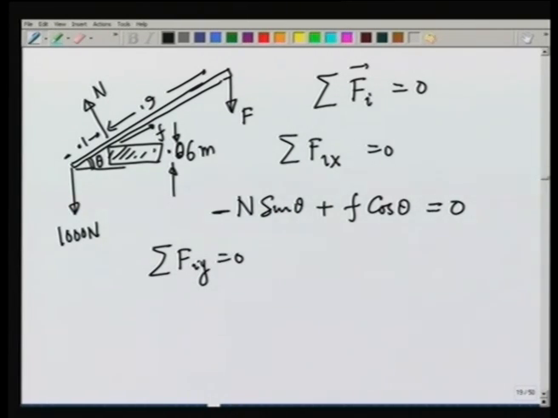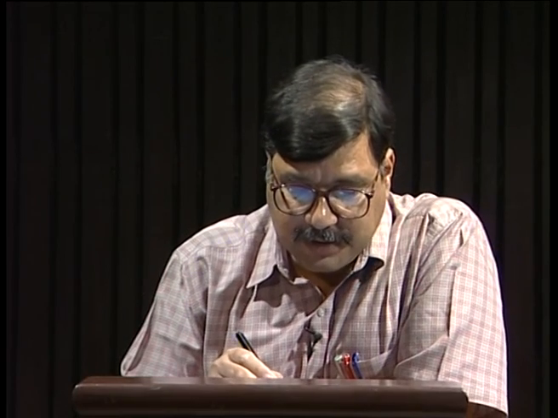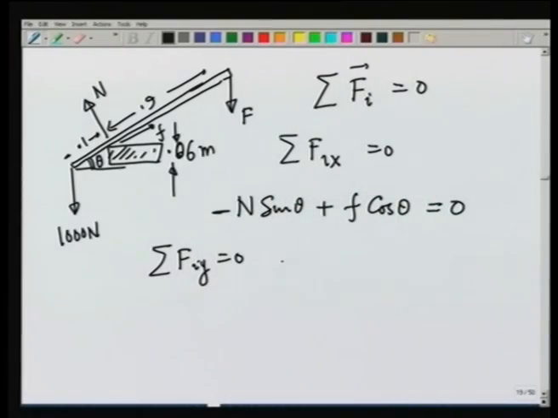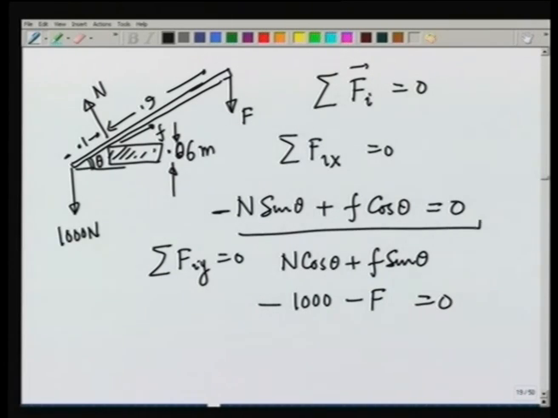This comes basically by writing force in terms of i and j and making each component of the vector 0. This gives me N cosine theta plus F sine theta minus 1000 minus F is equal to 0. So, these are the two conditions for the force balance.